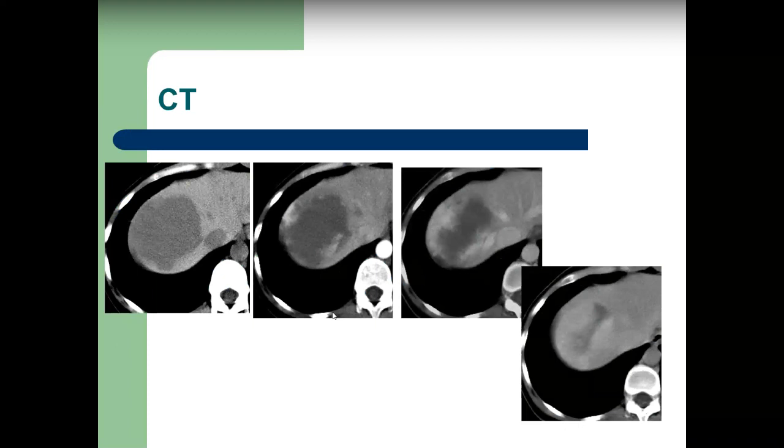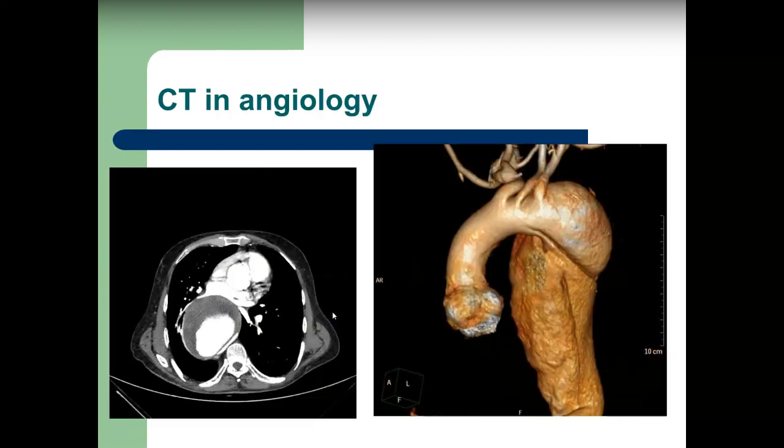But this pattern of contrasting, this so-called centripetal contrasting, is very specific for hemangioma. Hemangioma is a non-malignant lesion that I think 10% of our population has.